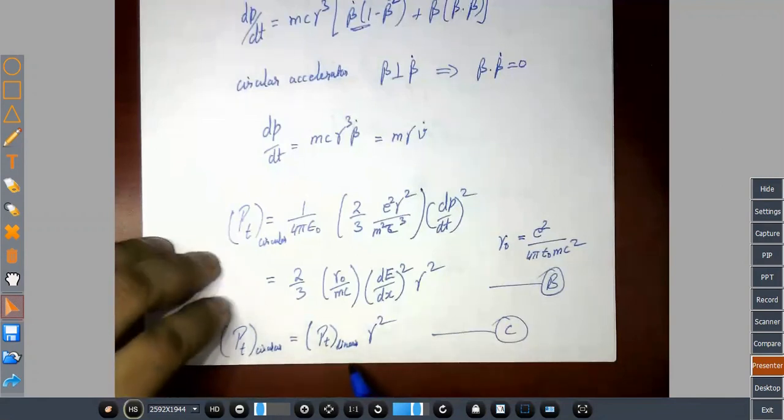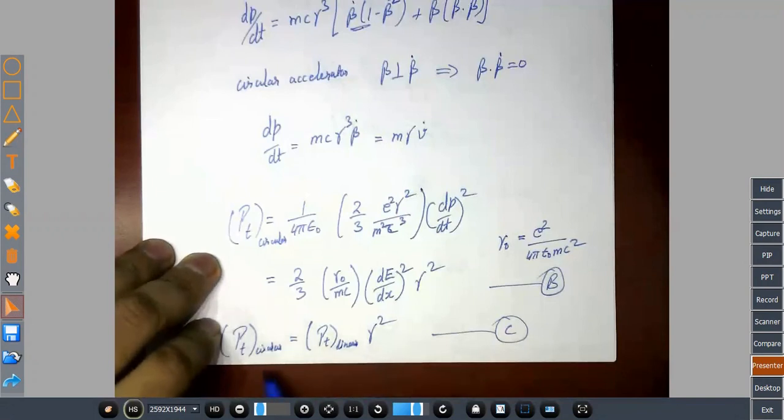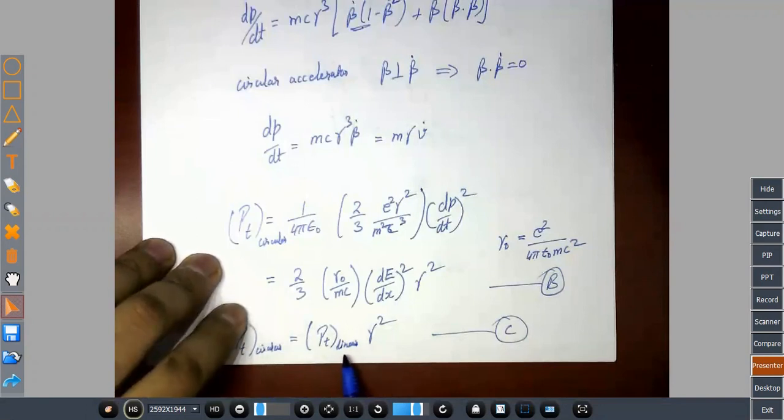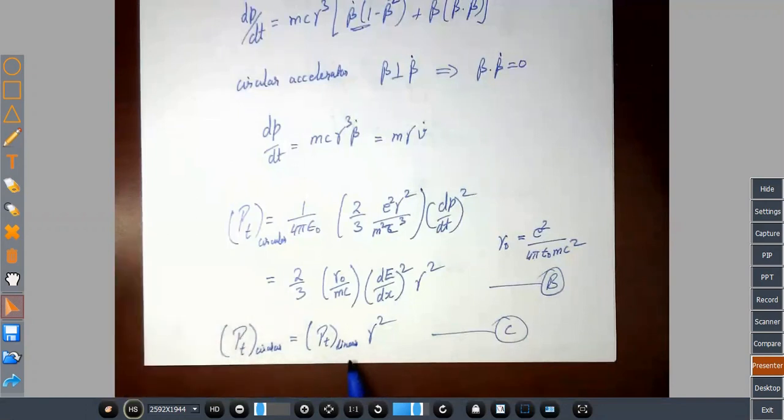From this relation we can see that the power in the circular accelerator is less and the power in the linear accelerator is more by gamma squared.